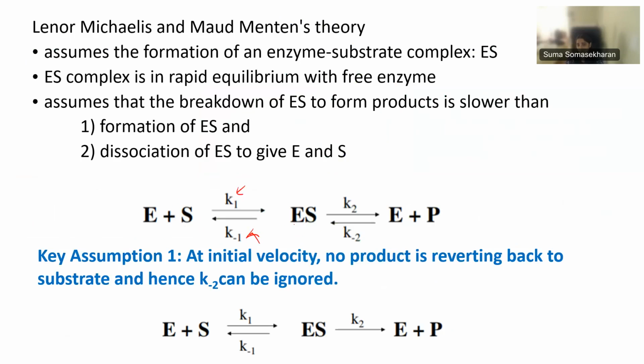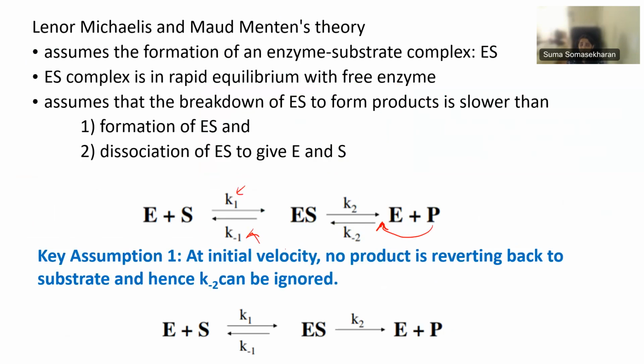And furthermore, the enzyme substrate complex gradually breaks down at a slightly slower rate into enzyme plus product, and this is defined by these two rate constants, K2 and K minus 2. Now, if we were to measure the product formed at the early stages, at initial velocity, then what you will see is that none of the product reverts back to enzyme and substrate.